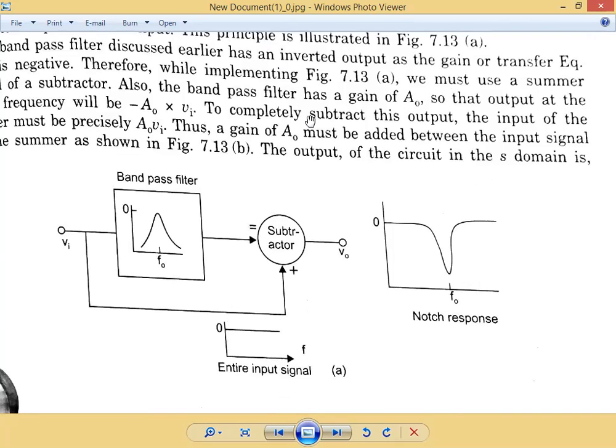And now in this class we are going to discuss the band reject filter. The band reject filter is also called the band stop filter. That means whatever frequency band we select will not be allowed by this filter.